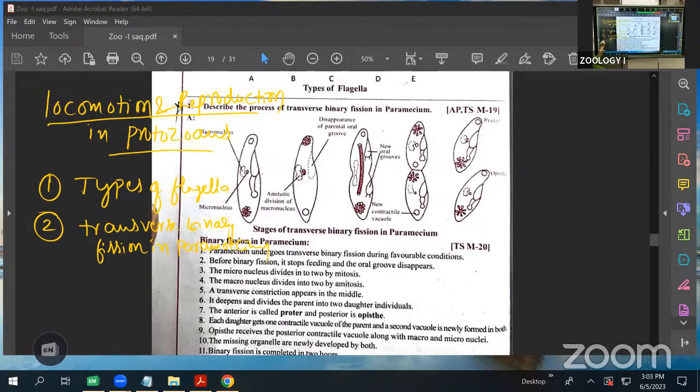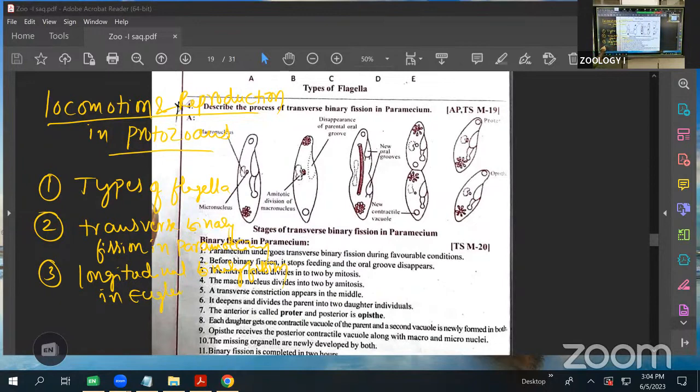Next, the third one is the longitudinal binary fission in euglena.